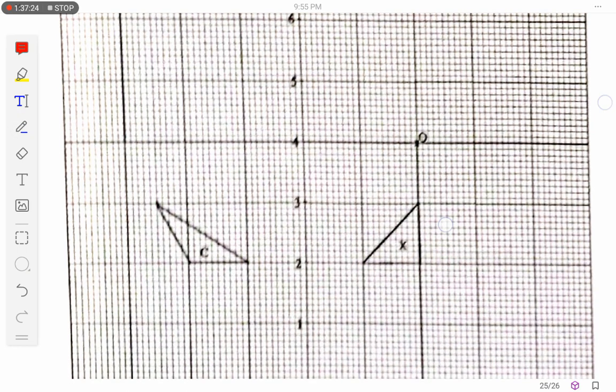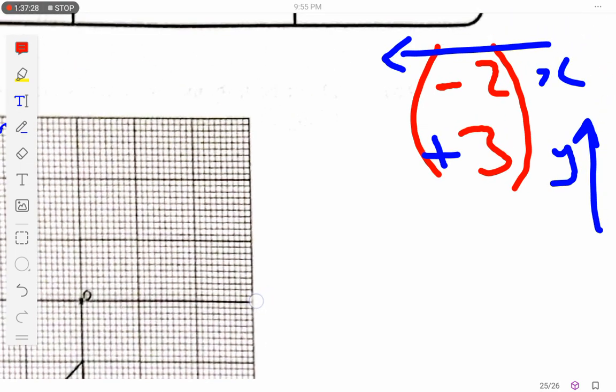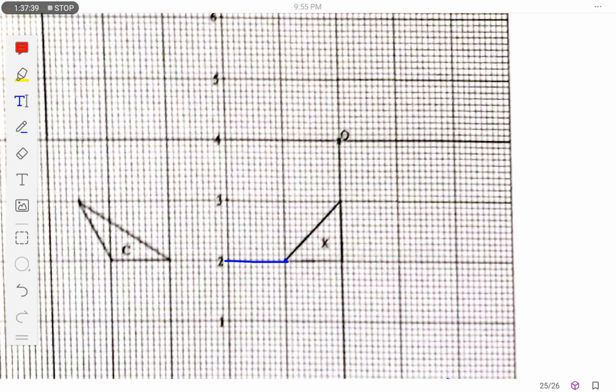So we are moving -2 for X. I will take this point and move -2, so I'm going there. Then I go up 3 boxes: 1, 2, 3. So it's coming to this point. Then I do the same for this point, -2 and 3, it goes to this point.